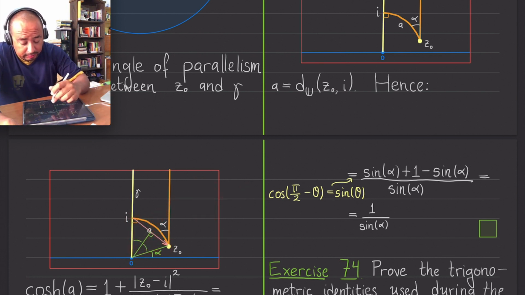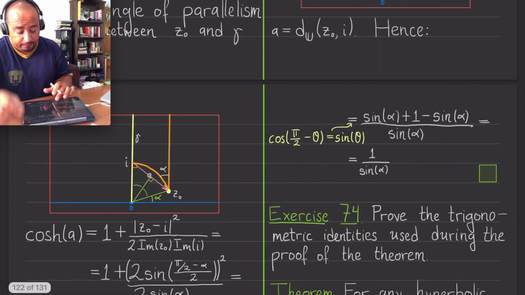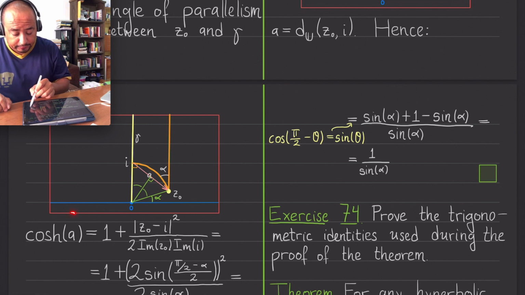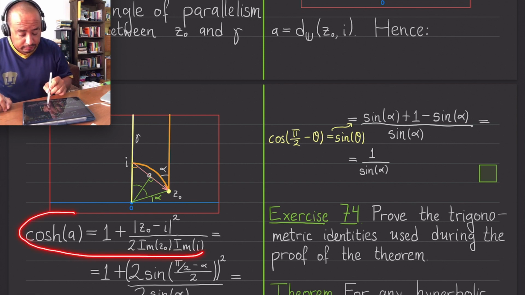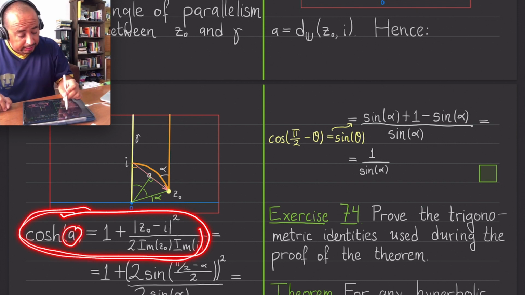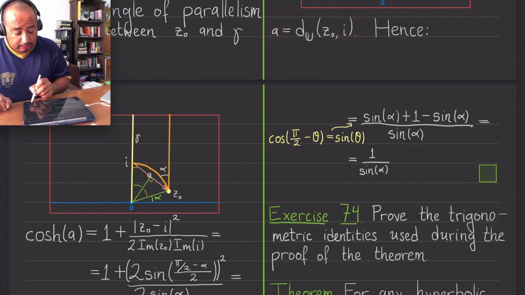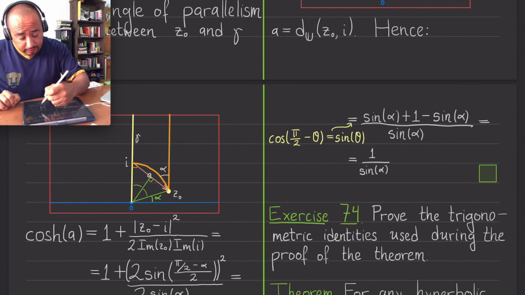Remember that we had at some point proved this nice formula, where a is the distance between the two points.